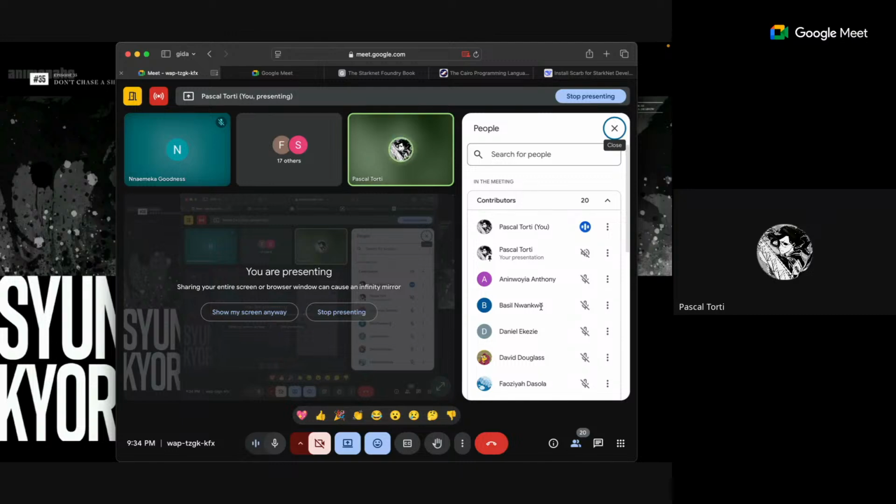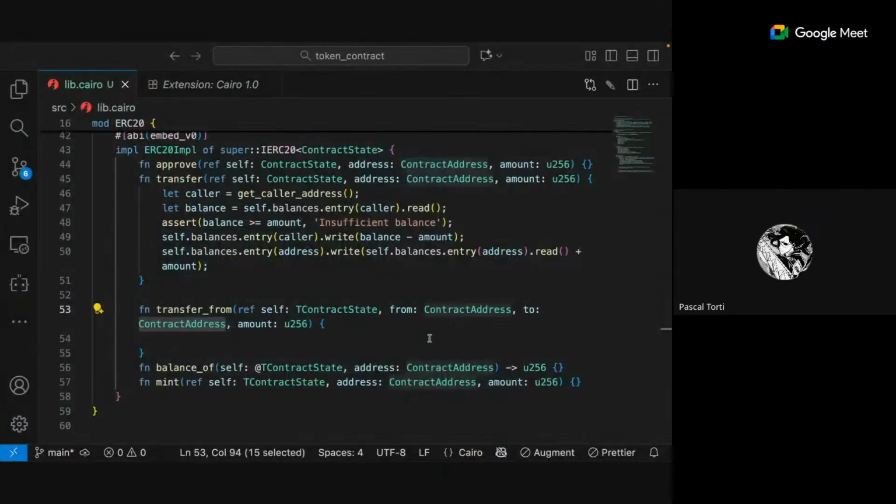So before you operate on any platform or DApp or contract, before you sign the transaction and say, I approve this contract to take charge of this amount of funds, you must make sure that you trust that contract. So that's all about security. This is just about transfer from, how it works and why there has to be a transfer from.